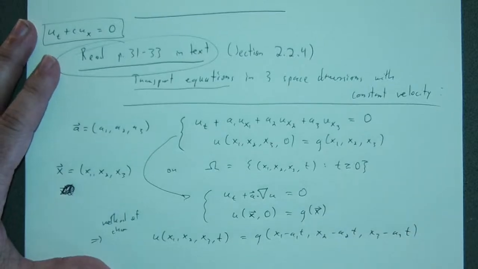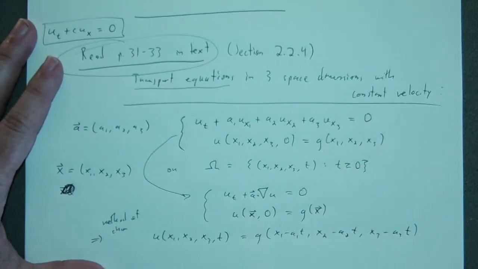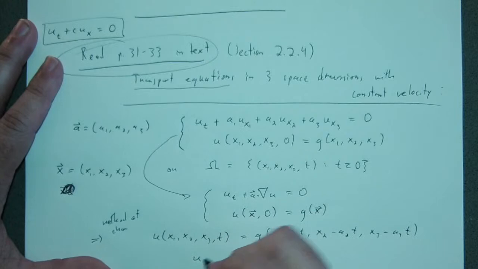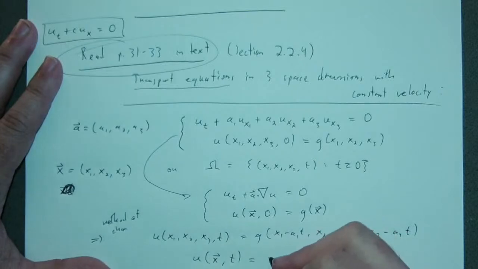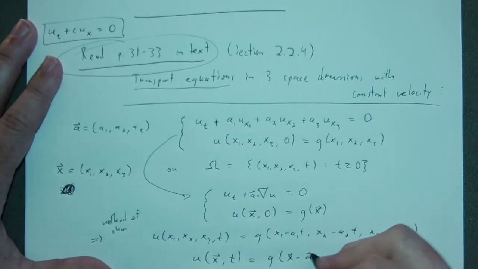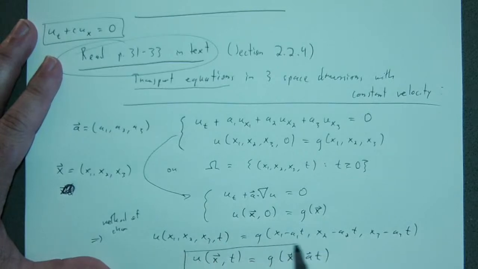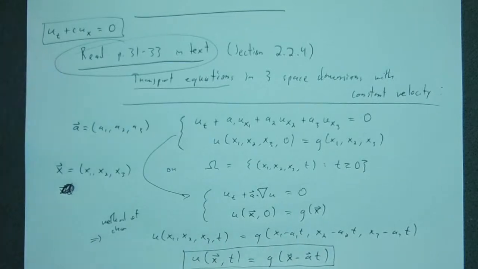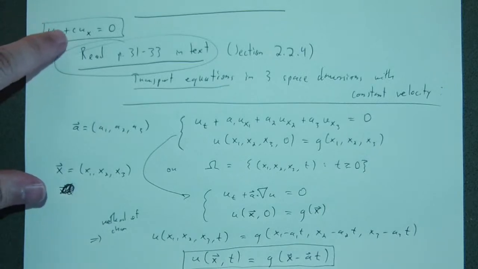But if you notice, rewriting this in vector notation, this is really just u of x, t equals g of x minus at, where t is just a scalar multiplying the vector a. But that was actually my solution that I originally found to this transport equation from way back, right?